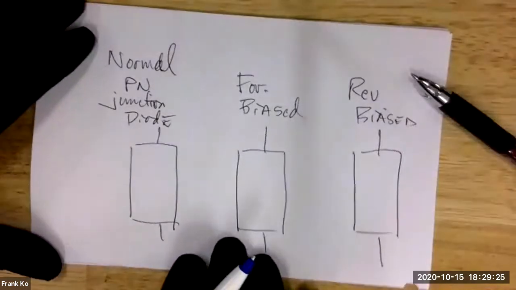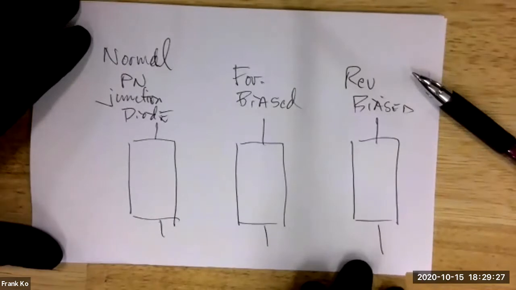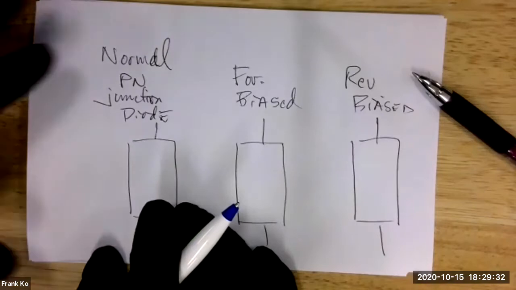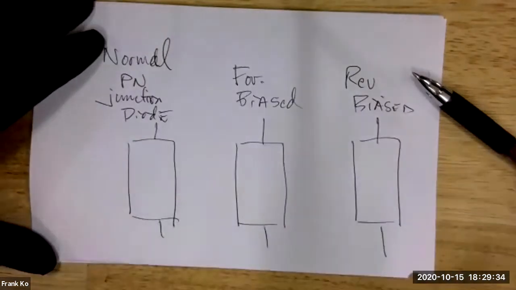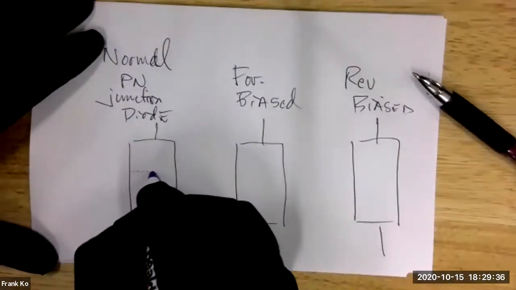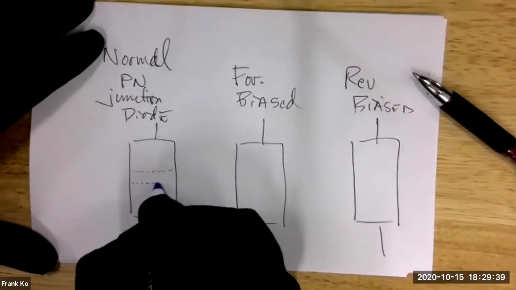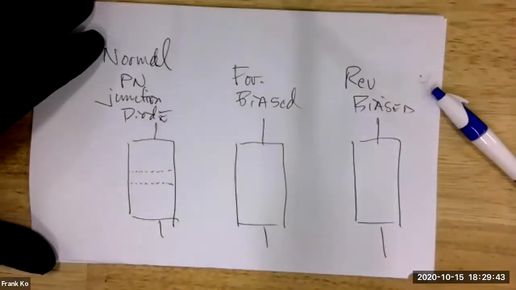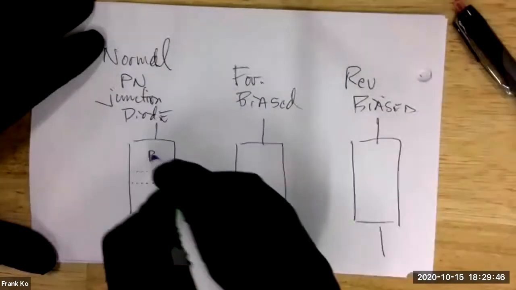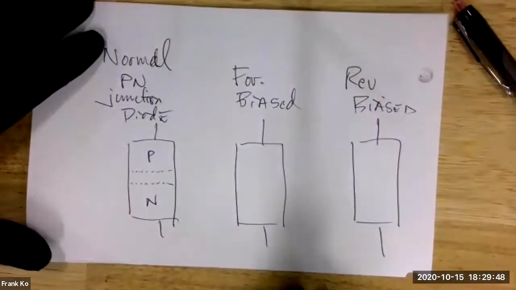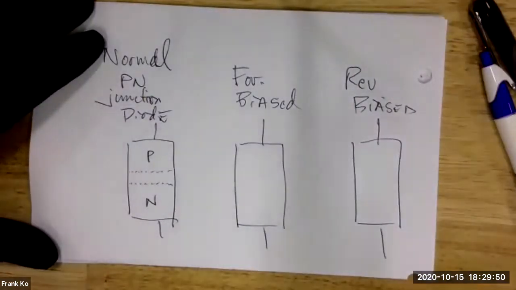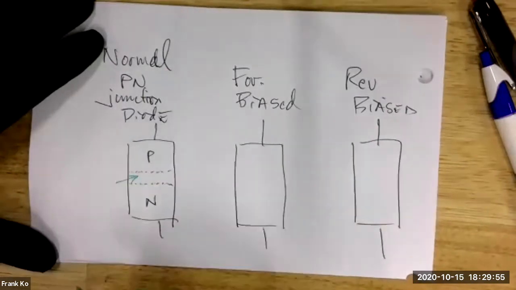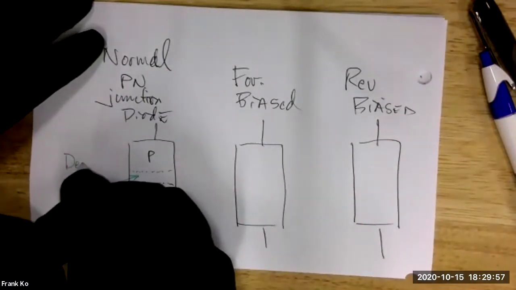What I'm going to illustrate in this drawing is the junction between the P and the N materials. It doesn't matter which is where, but let's say P material here and N material here. What I have in between is called the depletion zone.